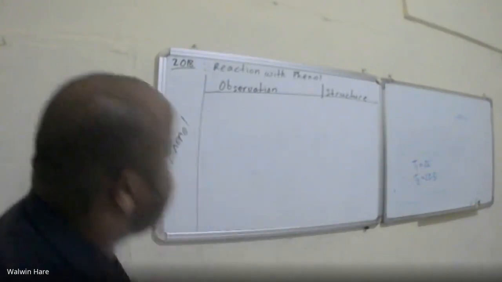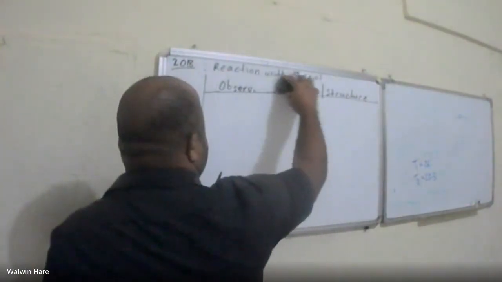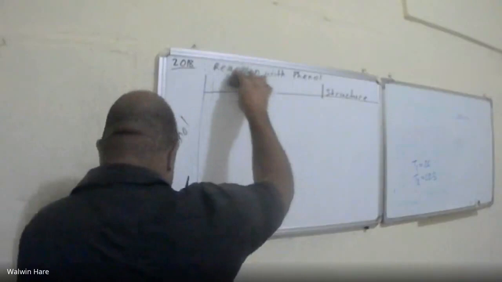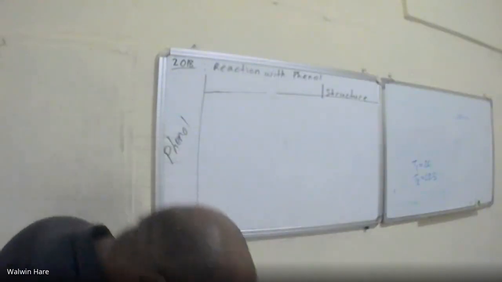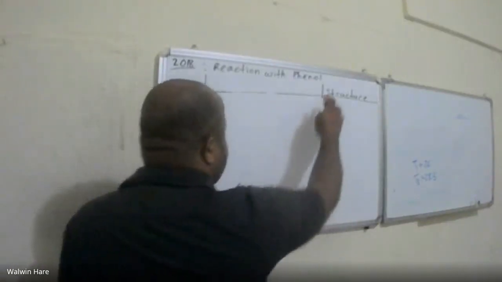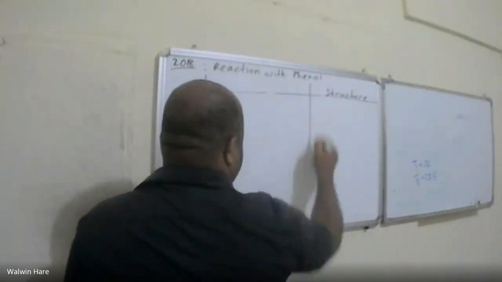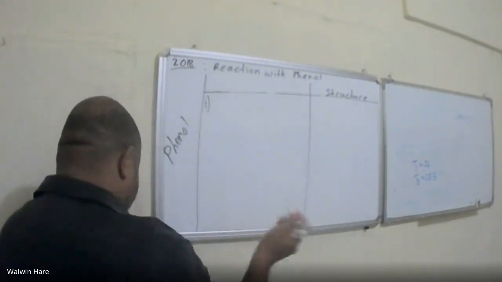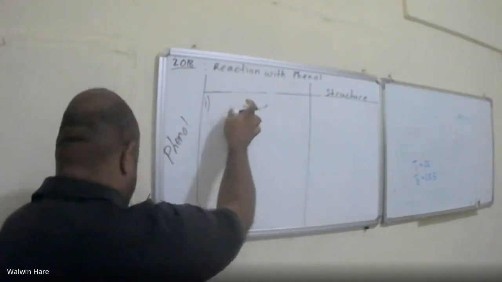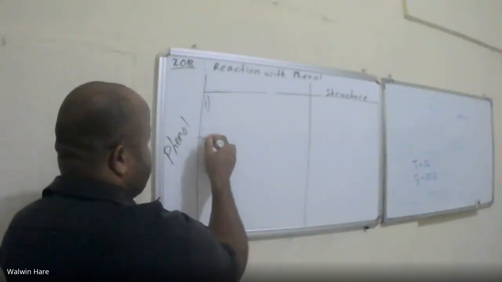Also, this one did not ask for any observation. It gave reagents and asked us to draw possible products, the structure of the products. For the first reagent, they did not give us the reagent, but they gave us the structure.